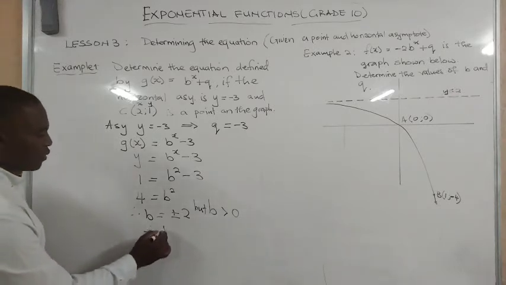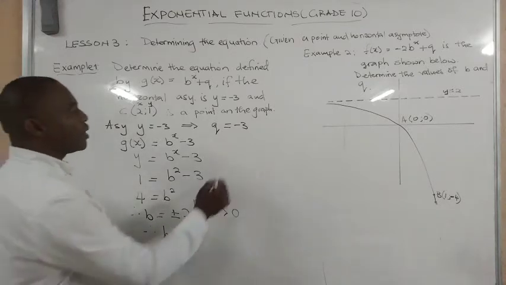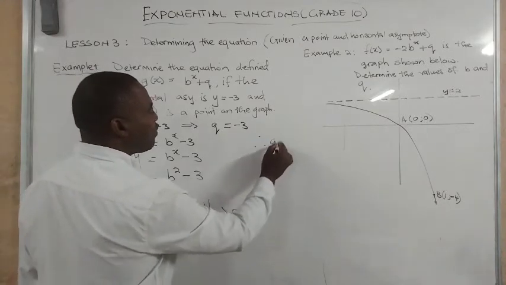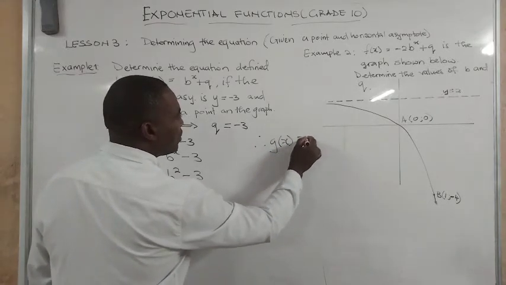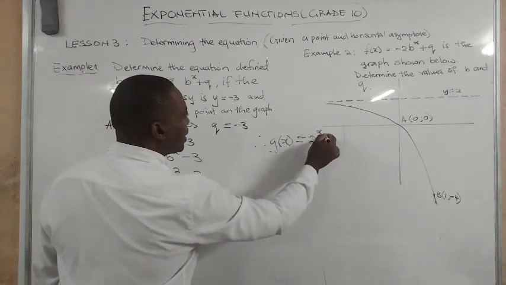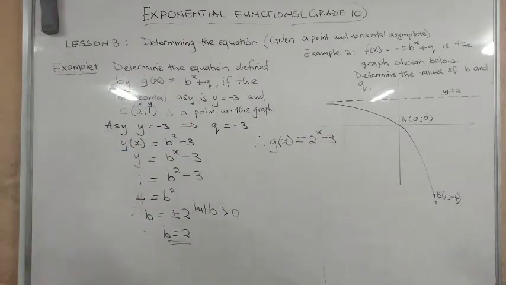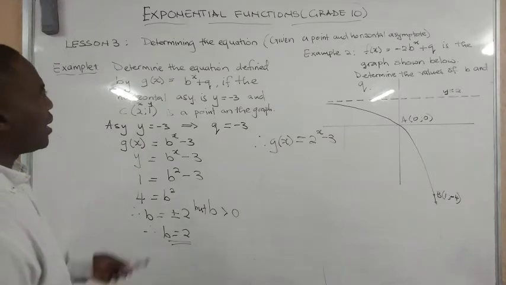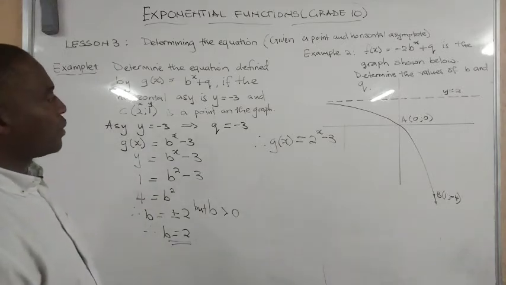So we are saying therefore b is equal to positive 2. So our equation g of x will be equal to 2 to the power x minus 3. So that's how we determine the equation if we are given a point and an asymptote.